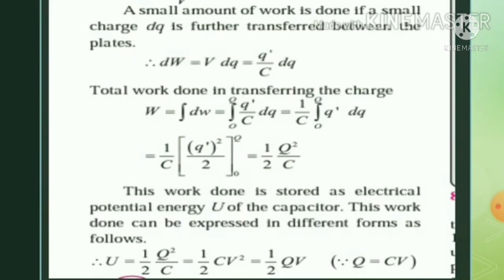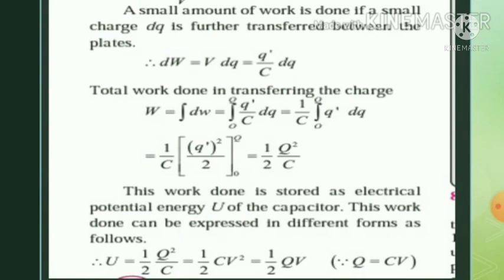This is the electrical potential energy in terms of charge and capacitance.